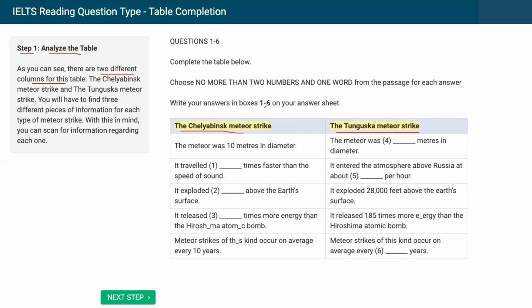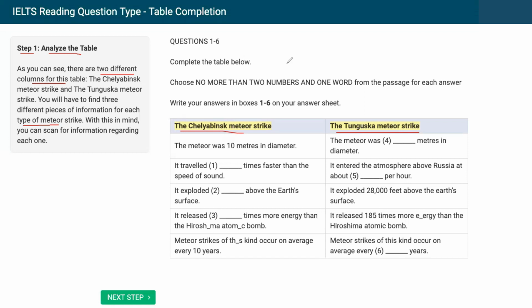And again, we'll have to find 3 different pieces of information for each type of meteor strike. So there's an equal amount on both sides, and this is good because we'll have to spend time looking for Chelyabinsk and Tunguska. It's more or less evenly distributed, so this is good to know.